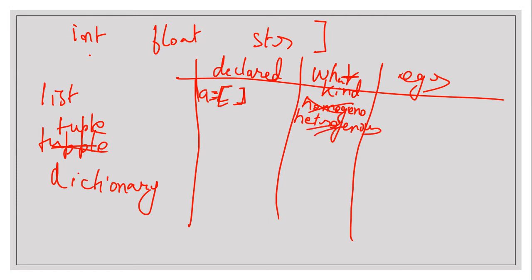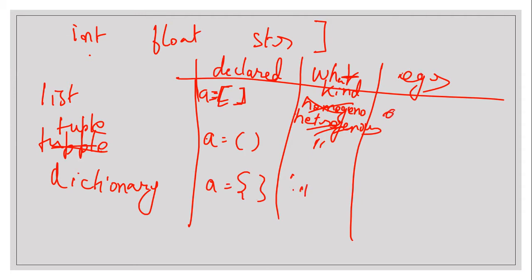You guys have to tell me, otherwise it will be boring if I just keep on telling. Second is tuple. So tuple will be a is equal to small parentheses. And what kind of data? Same as list. Dictionary, we will store it with curly braces. It is also the same.